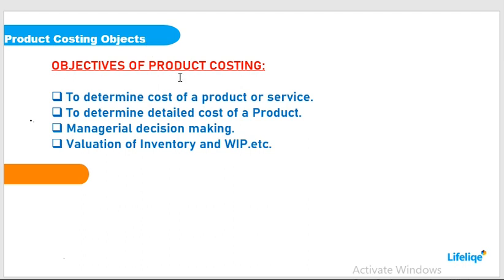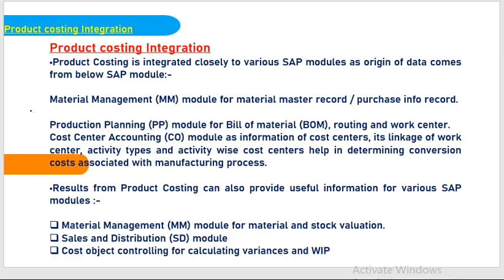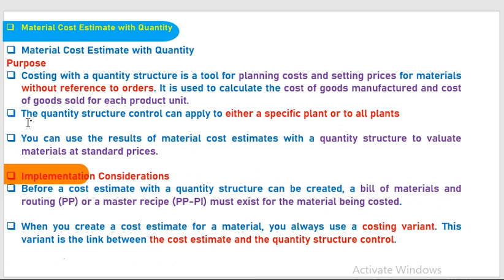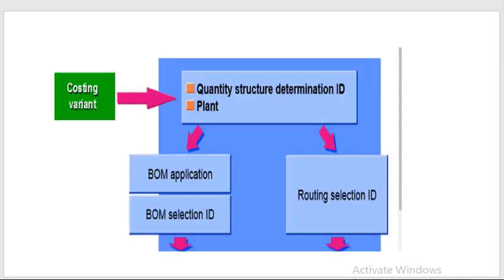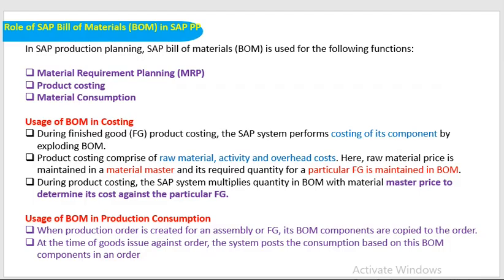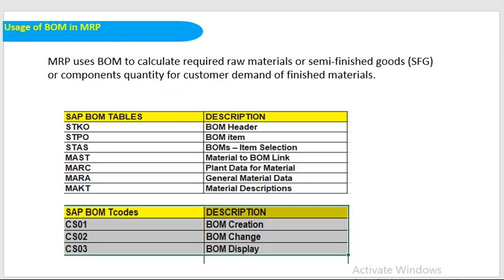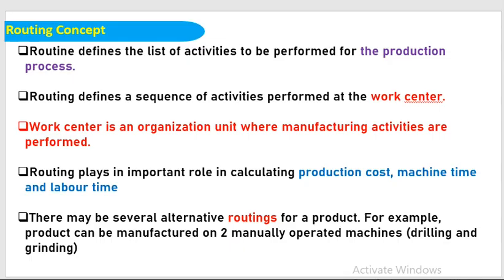And I also explained the objectives of product costing, preparing for costing, product costing integration, material cost estimate with quantity structure, product cost planning, and also the costing variant and what a BOM is, the role of BOM in the SAP PP module, usage of BOM in MRP, moving average price and standard price, and routing concept.